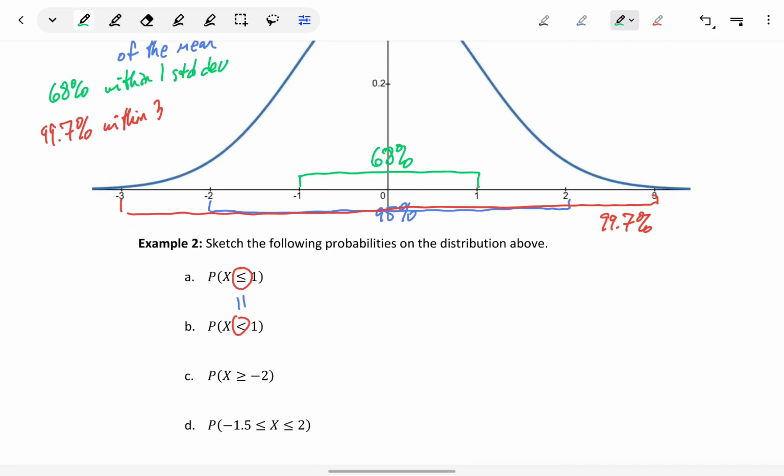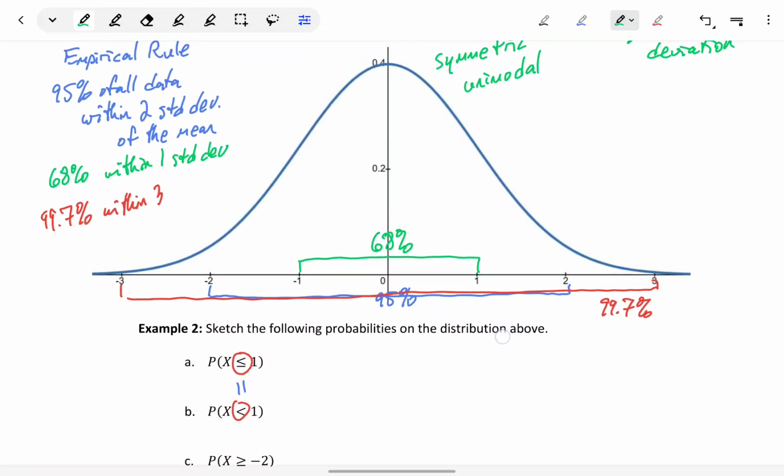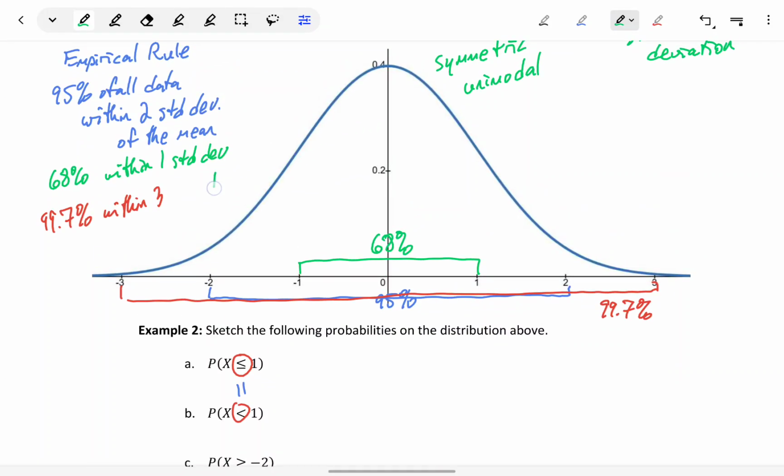In part C, we're asked to calculate the probability that x is greater than or equal to -2. So in this case, we would find that boundary line at x equals -2, and then we would be calculating the probability by finding the area under the curve to the right of x equals -2.